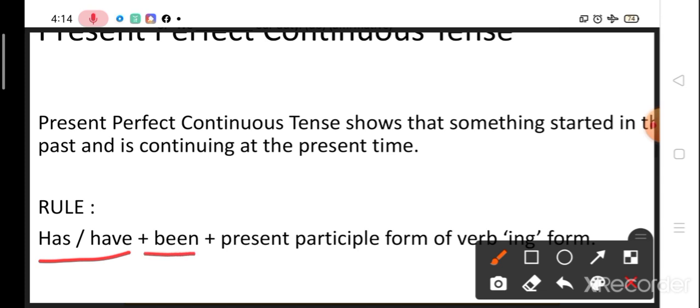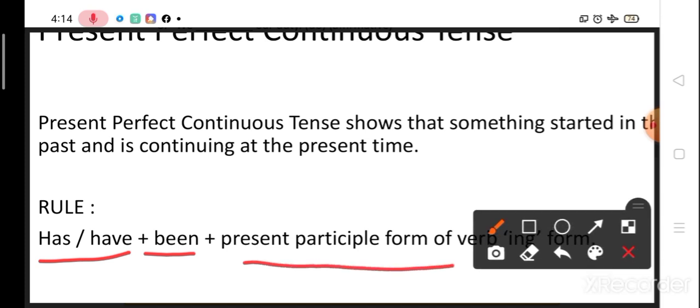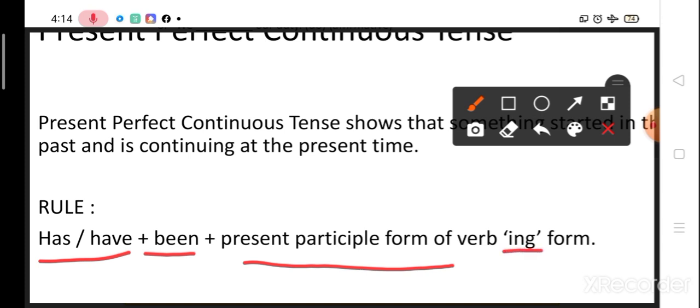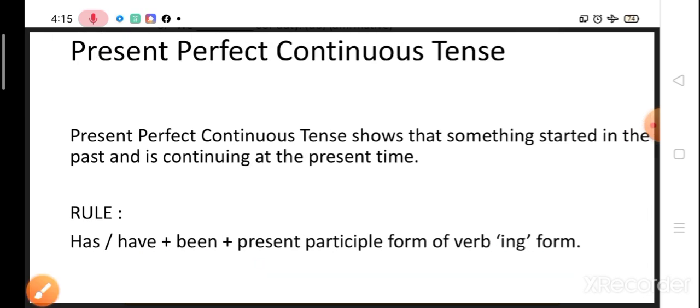With that we will add been and the present participle of the verb, that is the ing form of the verb. It will be like has been doing, have been doing, has been learning or have been teaching, that type of sentences will be included in present perfect continuous tense. Let us move ahead and see a few examples.